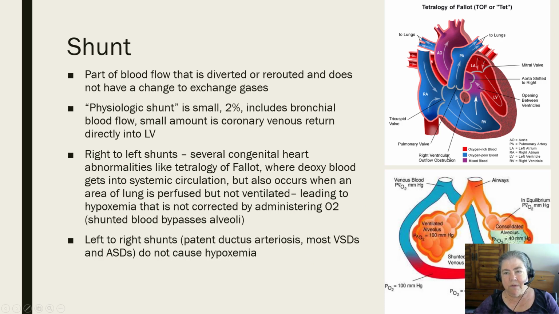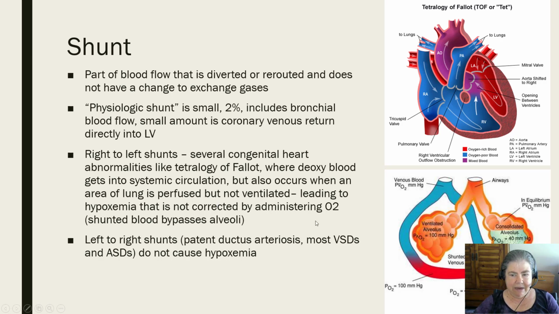And that's true of most ventricular septal defects. It's different in tetralogy of Fallot. But in most VSDs, the pressures on the left side are higher, so oxygenated blood is getting mixed with deoxygenated blood as opposed to the other way around.